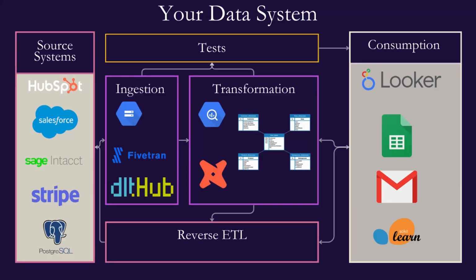And finally, tying this all together, you can use a process of reverse ETL to pull analytics data out of BigQuery or whatever warehouse you're using, or from a machine learning model, and push it back into the source system so the teams can have the data where they need it to be.